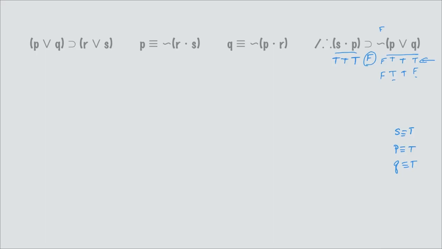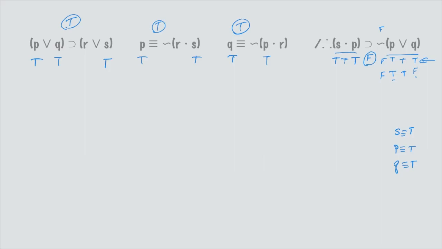So I'm just going to go through. S is true. P is true. And I know Q is true. Right? Those are just the values I've picked in this first row to make it invalid. Now it doesn't actually matter where you start. Now that the conclusion's false, the object is to make each of these premises under the main connective true, right? That's my goal.